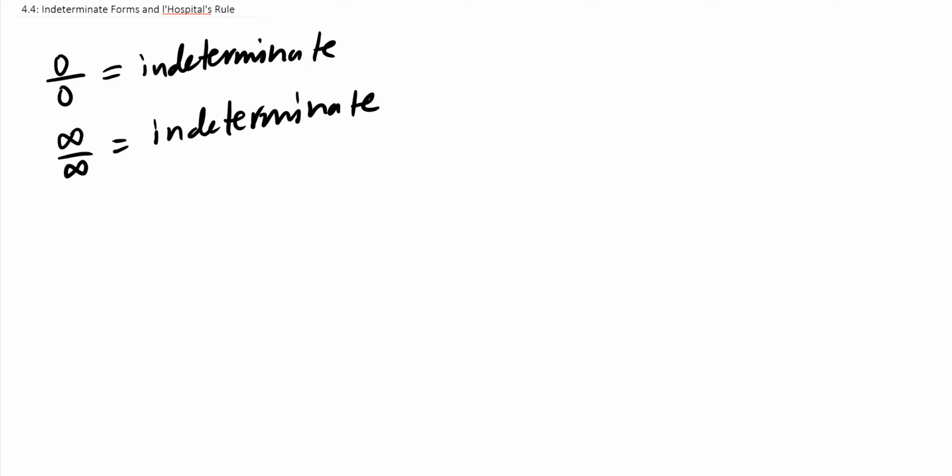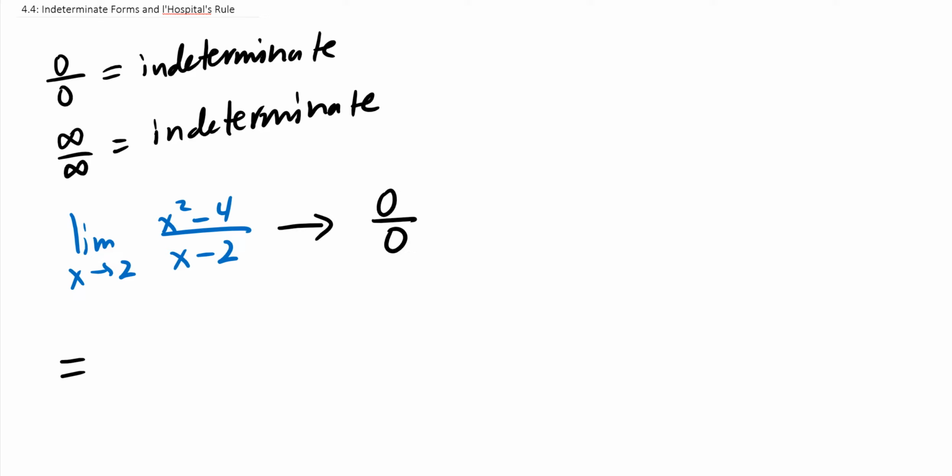We looked at examples like this: limit as x approaches 2 of x squared minus 4 over x minus 2. If we try this limit, you can see this is going to go to 0 over 0, which is indeterminate. 0 over 0 is not an answer. We are asked to determine this limit, but when you get 0 over 0, we haven't determined the value of the limit.